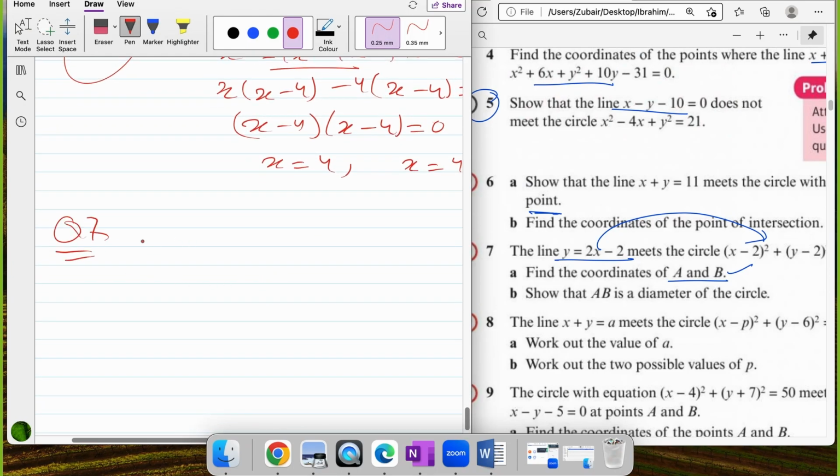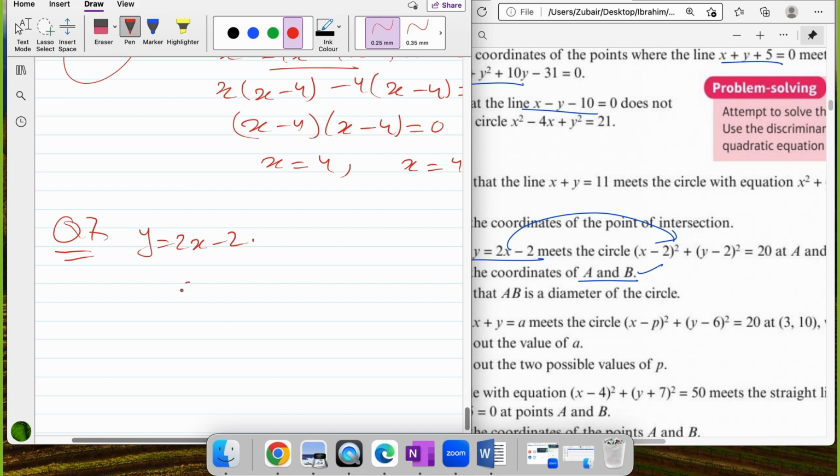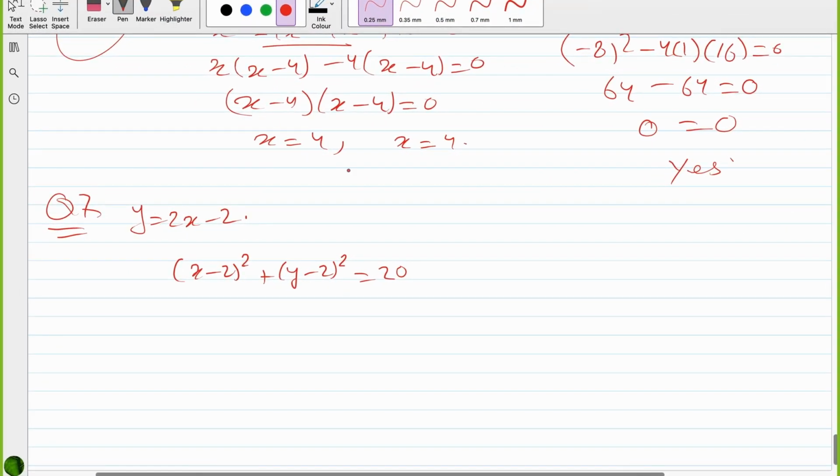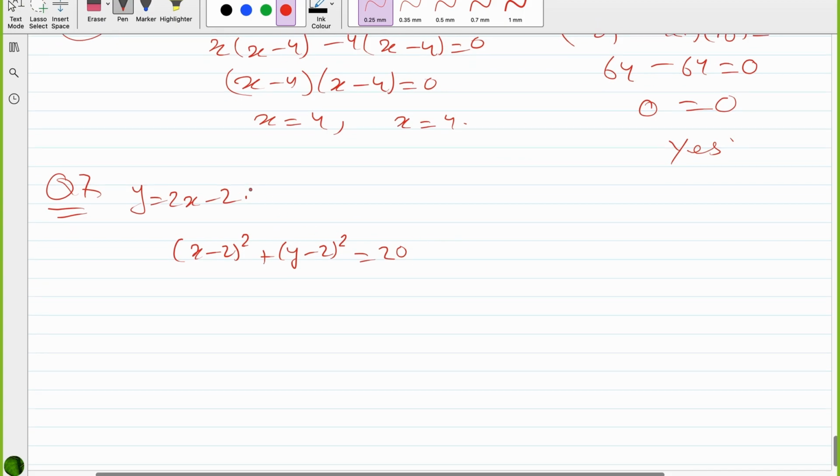So question number 7 says y is equal to 2x minus 2 and equation of circle is x minus 2 whole square plus y minus 2 whole square is equal to 20. Now we find AB and we have to show that it is the diameter.